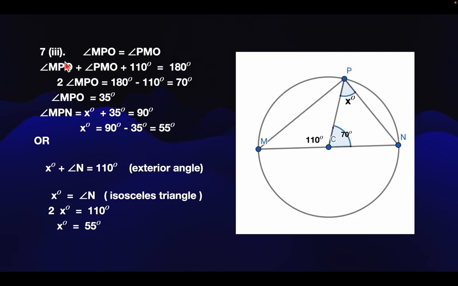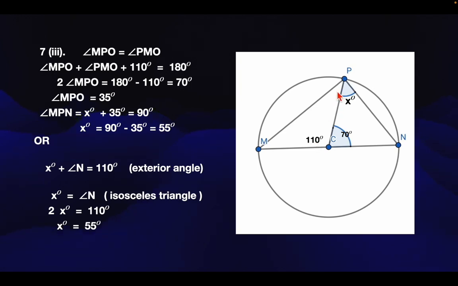Question 7.3. So this is the figure here. We are supposed to find this value of this angle x. They have given 110. Okay, so here let's see what we can do. MPO plus PMO plus this angle is equal to 180.